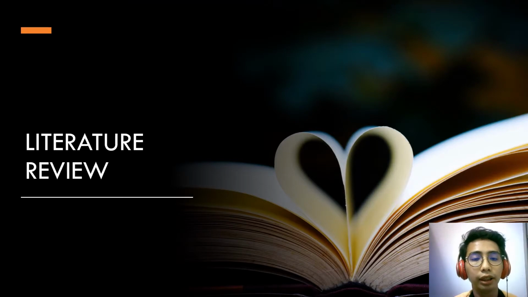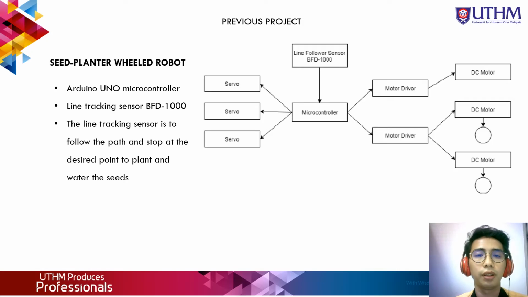Okay, so as for the literature review, the previous project that I researched is the seed planter with robot by PT Hamanda. This project used a microcontroller of Arduino Uno, and it used a line tracking sensor, that is BFD 1000.